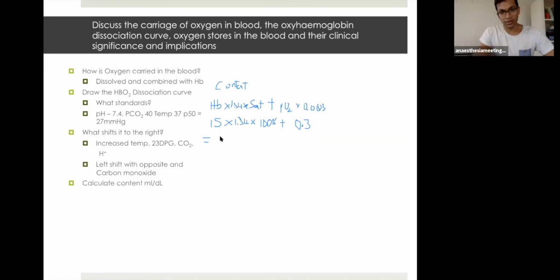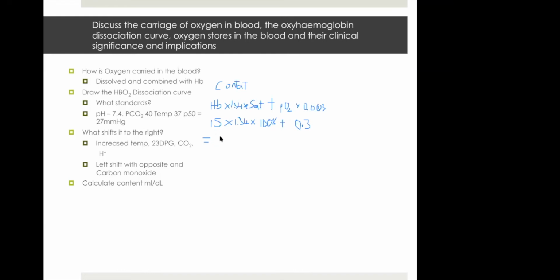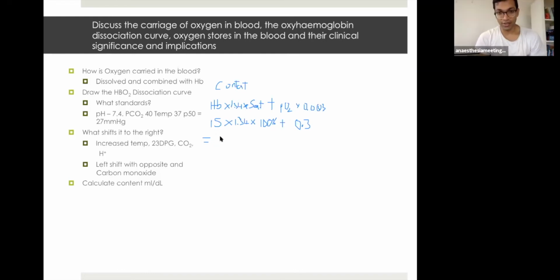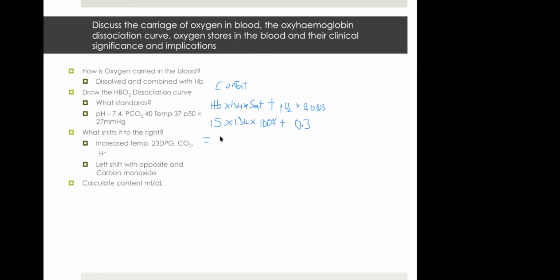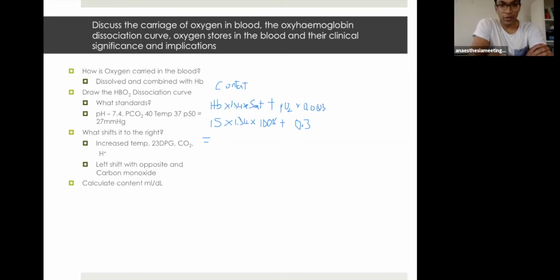Are you sure? Oh, wait. I'm going to get you to just use a calculator to multiply. Sorry, that's with cardiac output. It's only 20.4. Yeah, right. So there's roughly 20 mils bound to hemoglobin, and the 0.3 mils dissolved.